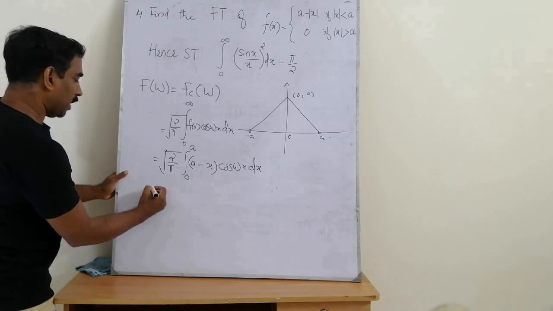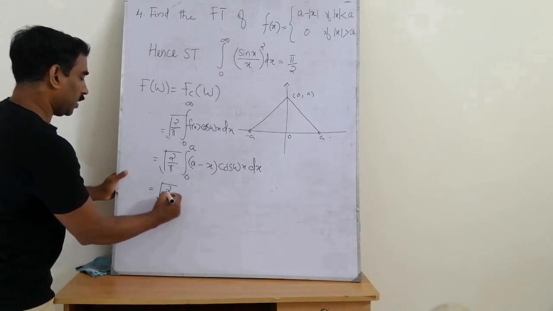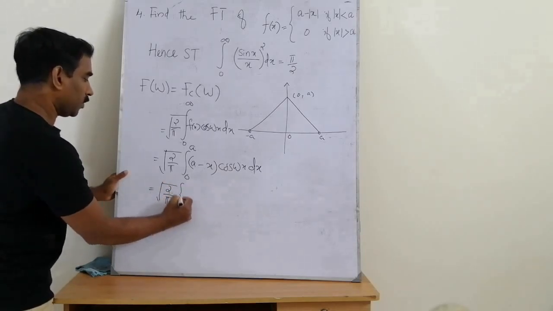Now, applying integration by parts, we have the result square root of 2 by pi.